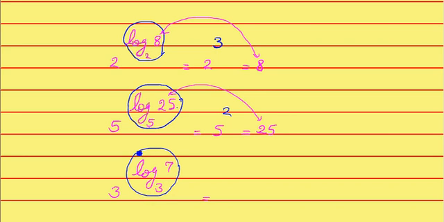Whatever this number is, it has the property that if 3 is raised to that exponent, we are going to get 7. That's the meaning of this logarithm. And here we are saying take 3 and raise it to that exponent. Whatever that exponent is, that mystery number, not so important for us, because we know we are going to get 7 at the end.